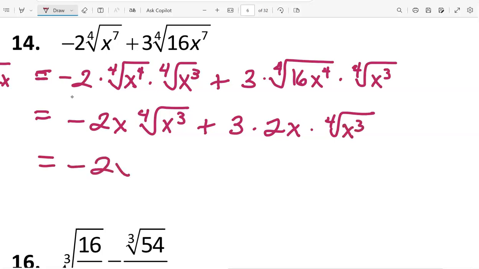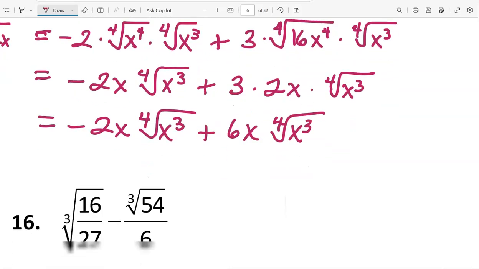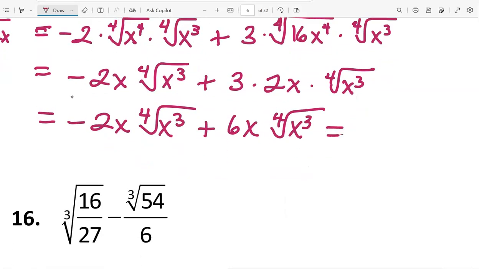Simplifying a little further, negative 2x times the 4th root of x cubed plus 6x times the 4th root of x cubed. And now we can just combine coefficients, and so that's going to give us a total of 4x times the 4th root of x cubed.